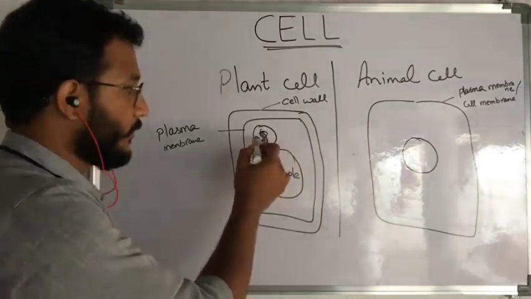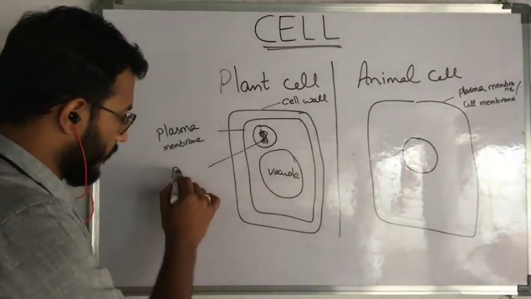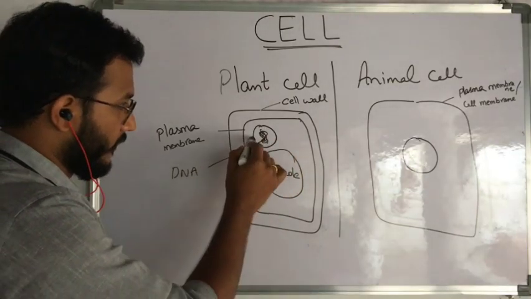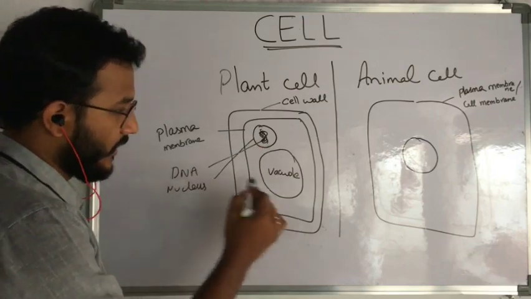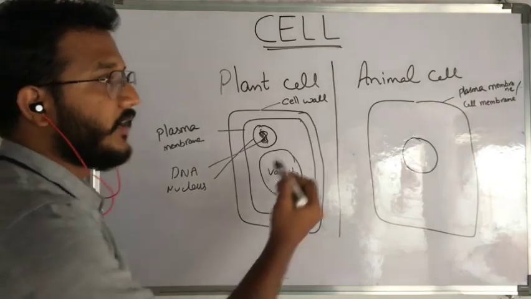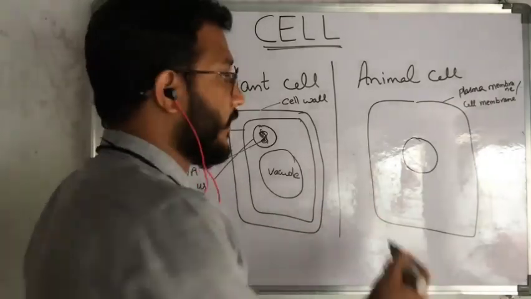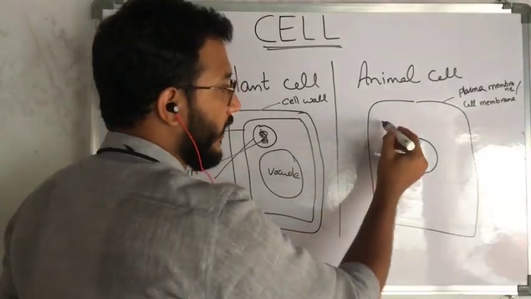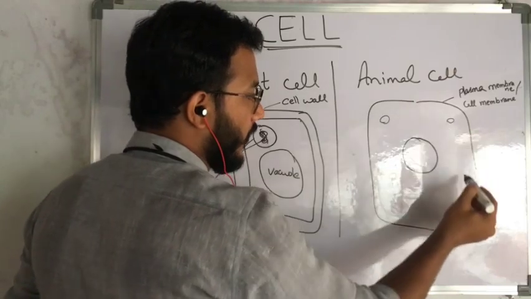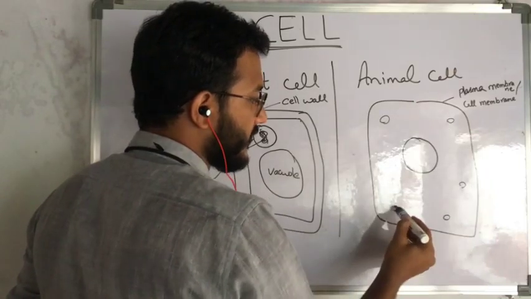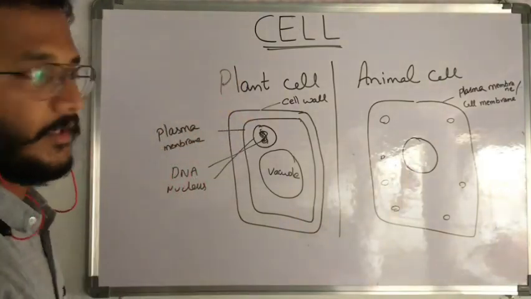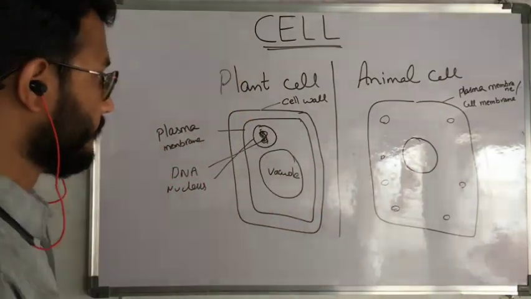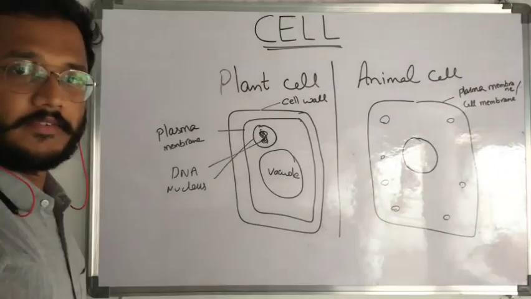In the nucleus we have DNA, and this is the nucleus, and this is the vacuole. But in animal cells, vacuoles are present, but there are so many and they are very small in size, so they cannot push the nucleus to the peripheral side, that means the outer side. This is the second important difference.